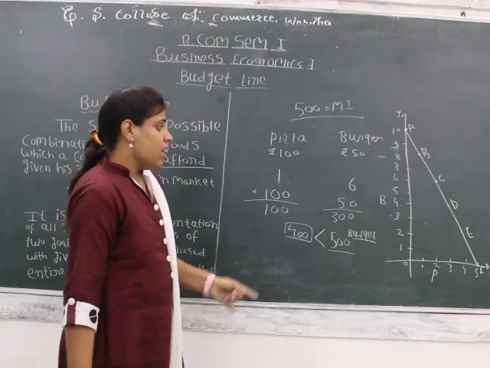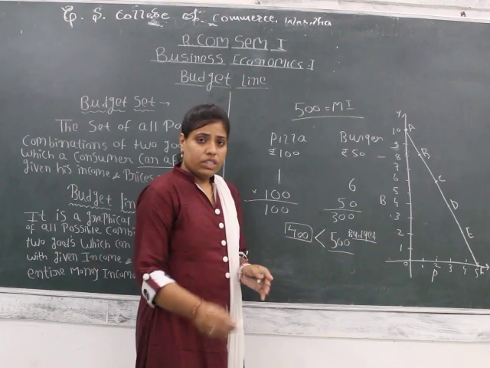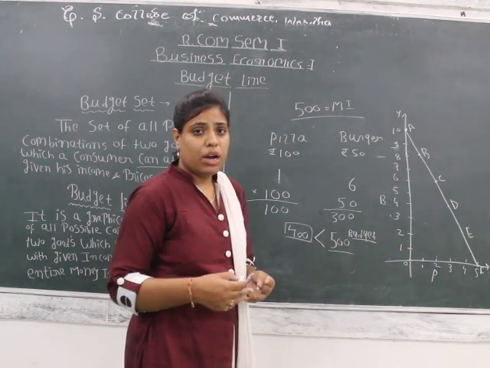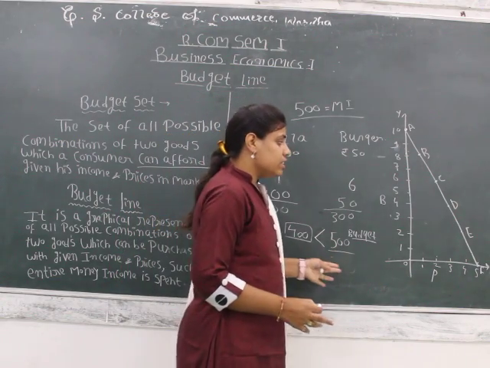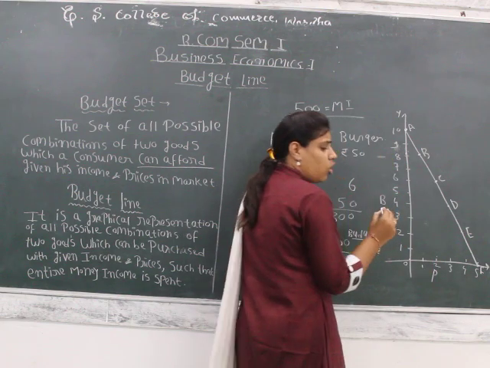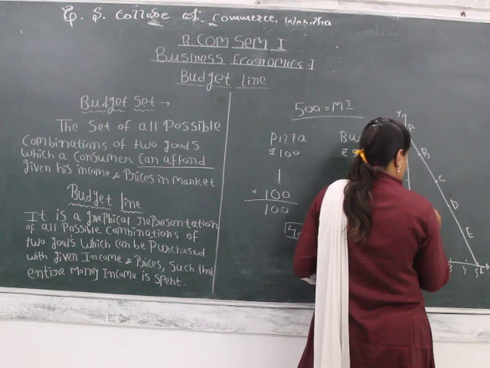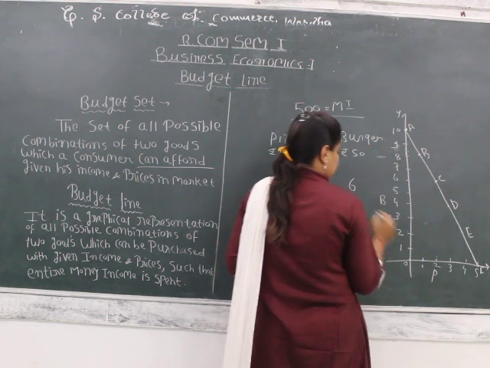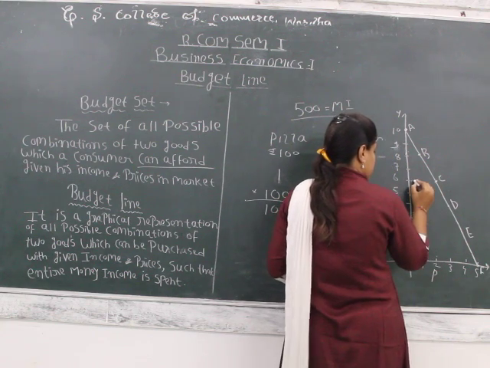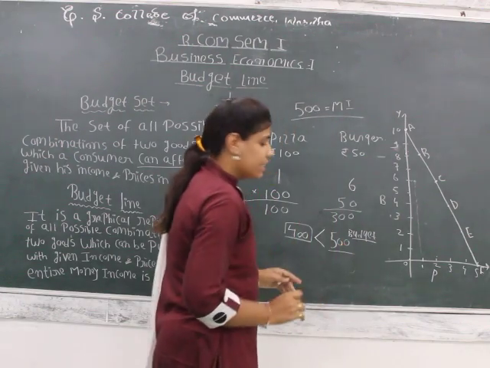So in such a case, when the consumer buys any combination for which less expenditure than the budgeted amount is required, any point of that combination is going to lie below the budget line. Like here we have seen 1 pizza and 6 burgers, so the point is going to be here. It is below the budget line.